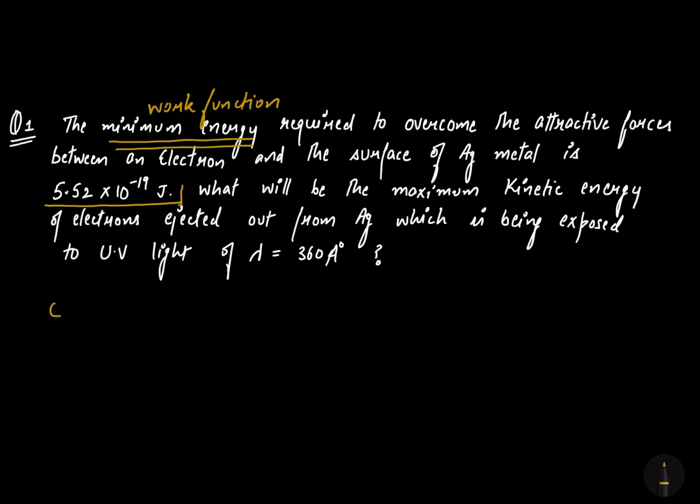So the work function is represented by phi. It is equal to 5.52 into 10 raised to power minus 19 joules.